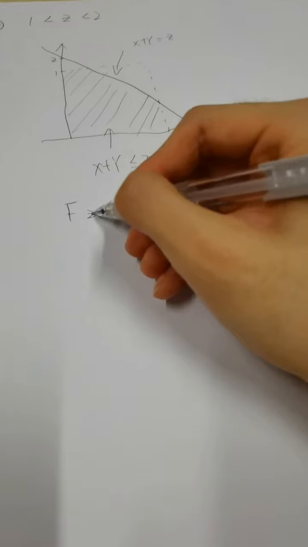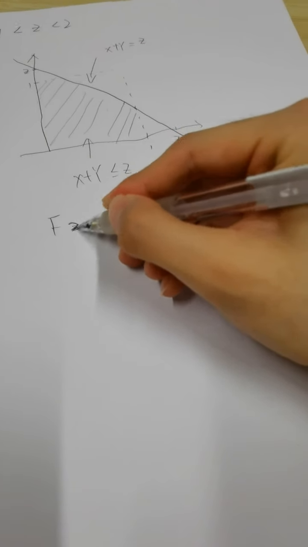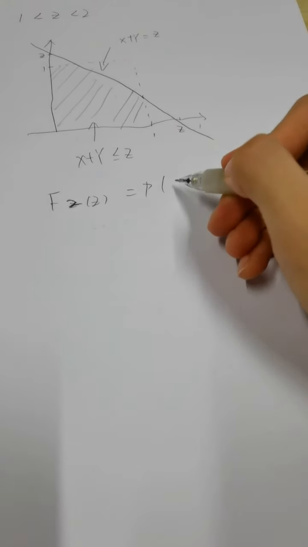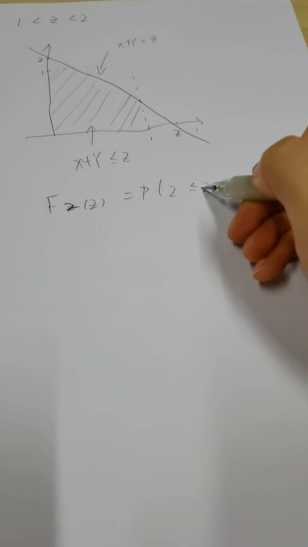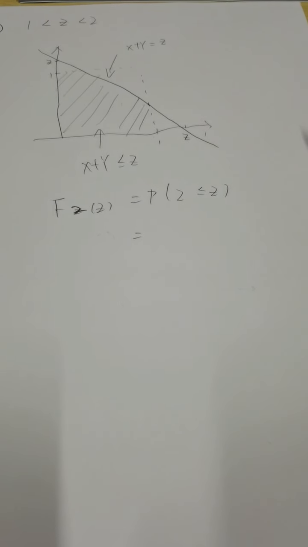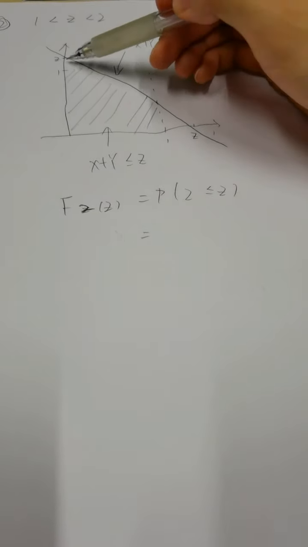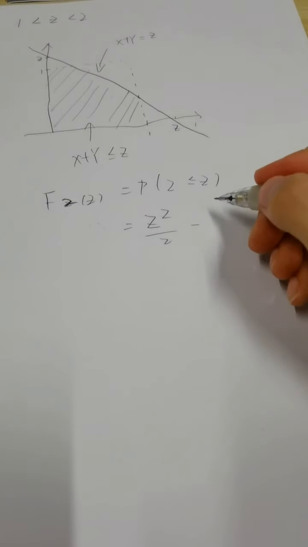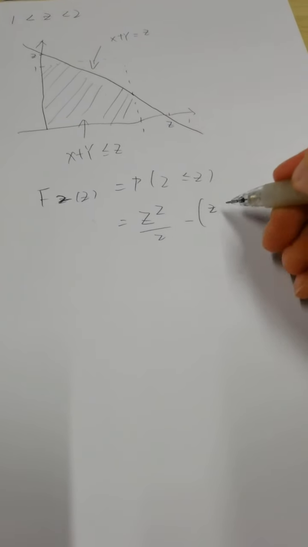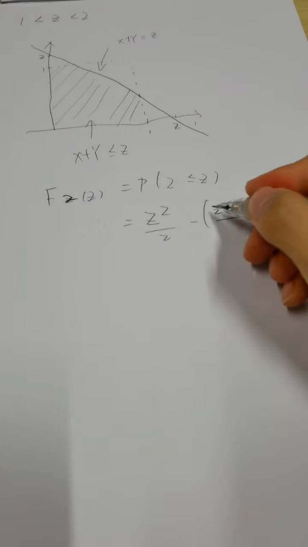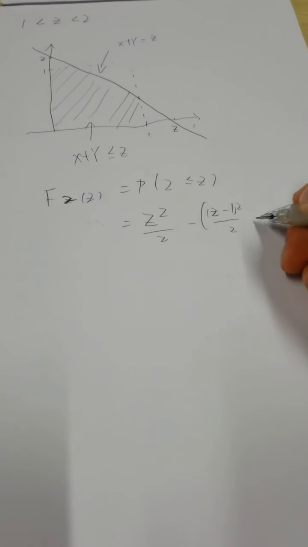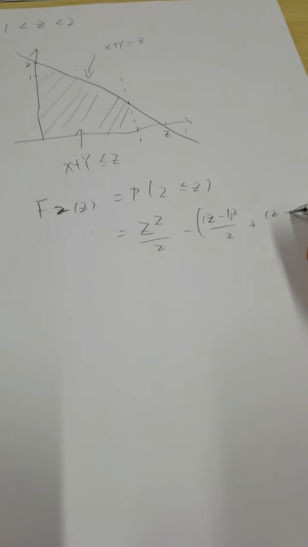So from the graph, we can calculate the distribution function, which is equal to the probability of big Z less than small z. The easy way to calculate is to calculate this whole part minus these two parts, which is z square divided by 2 minus these two small parts, which is (z minus 1) squared divided by 2, plus 2 parts, which is also another 1.